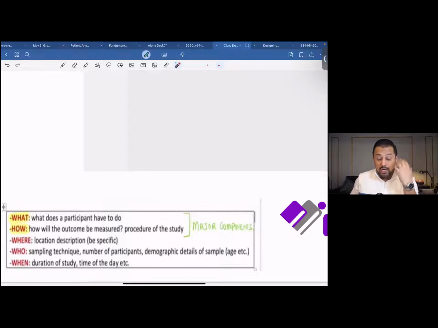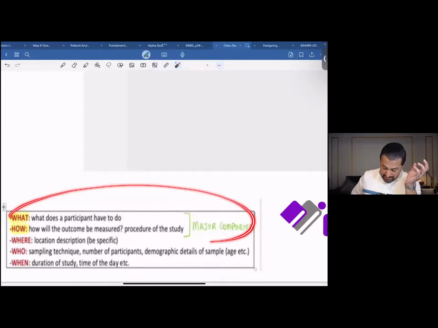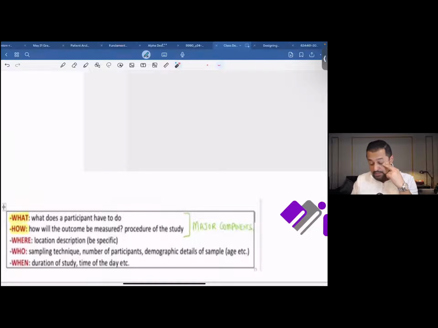They are what, how, where, who, and when. What being what the participants have to do, how being how the outcome will be measured or the procedure of the study, where the location, who the sampling technique, number of participants, demographic details, and when the duration of the study, time of the day. The first two have always been seen as major components and the latter three as minor components.